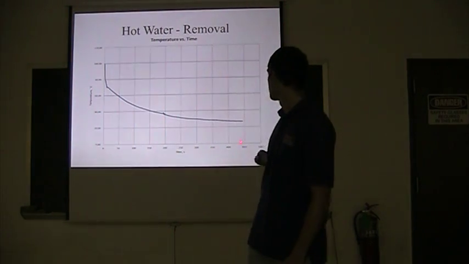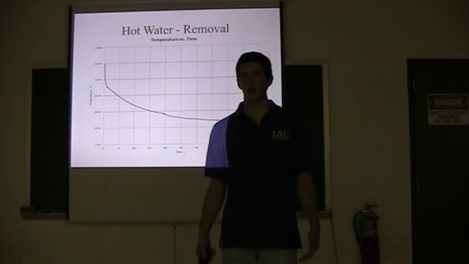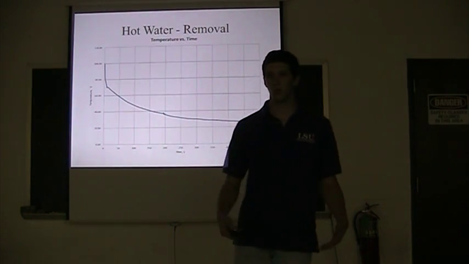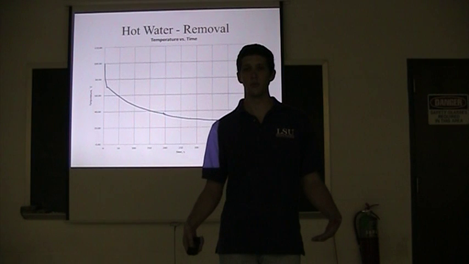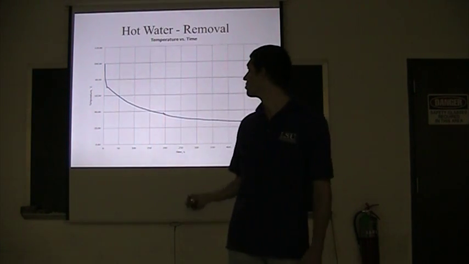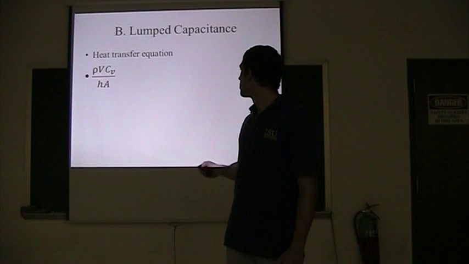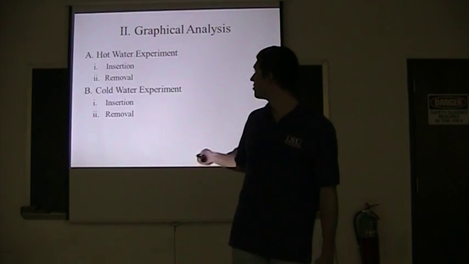This is upwards of 400, almost 450. So it takes a lot longer when it's removed, and that's because air has different properties. Heat is transferred a lot faster through water, and that goes back to our formula where it depends upon this h.